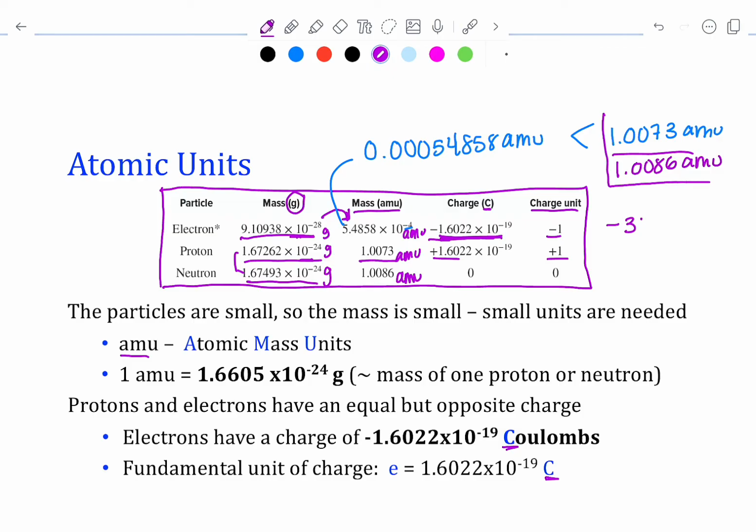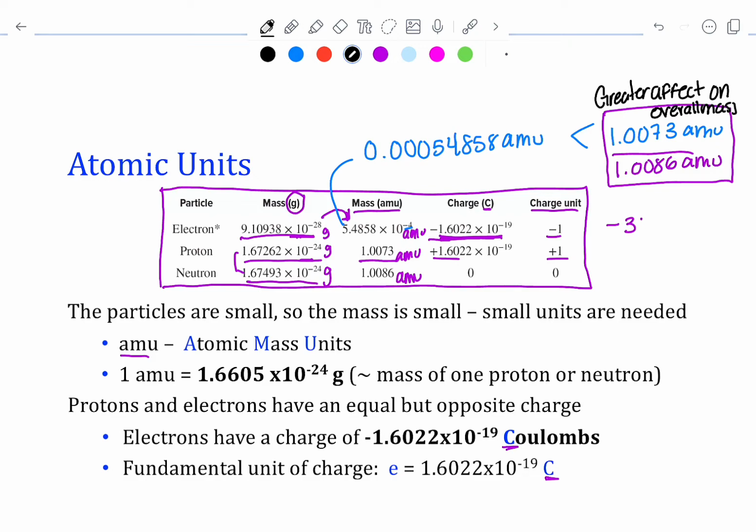Therefore, the mass of our protons and our neutrons are going to have a greater effect on the overall mass of the particle, of the atom, of the element, whatever we're looking at.